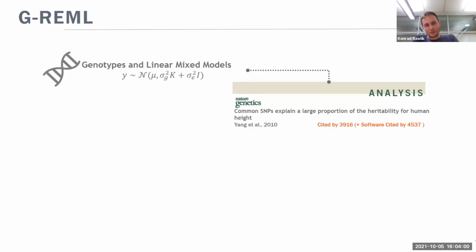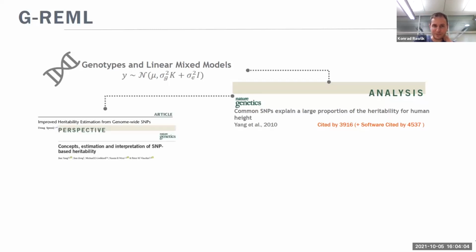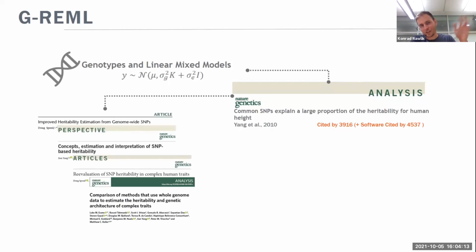However, since this paper came out, there has been a steady stream of other papers in high impact journals like Nature Genetics and so on, which all have said, well, this original model is wrong. It doesn't give you quite the right thing. The estimates are not correct. And here's a better model, better method. Generally, by constructing a slightly different genomic relationship matrix from the genotypes.